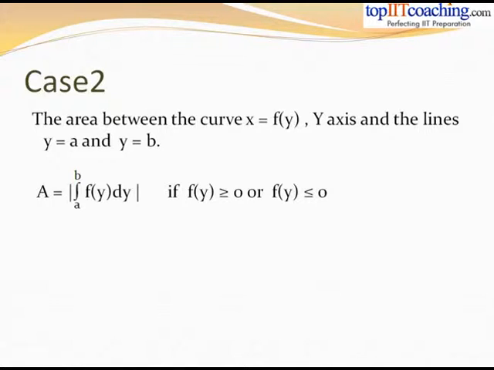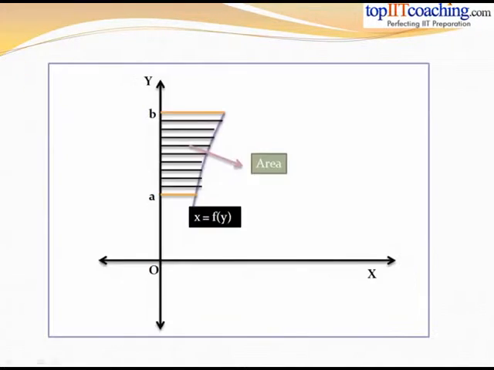Here we know that area is always positive, so this area would be the modulus of integral of f(y) dy from a to b. Also here f(y) is greater than or equal to 0 or f(y) is less than or equal to 0. Let us say that this is the curve x equal to f(y). Here the important thing to note is x is expressed as a function of y.